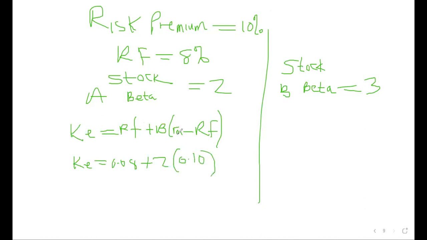The difference between these two is the risk premium. So our cost of equity is 0.1 times 2, plus 0.08, which is 0.28, or 28%.